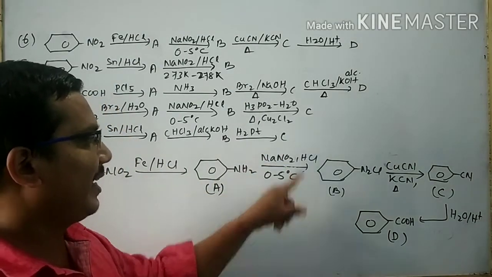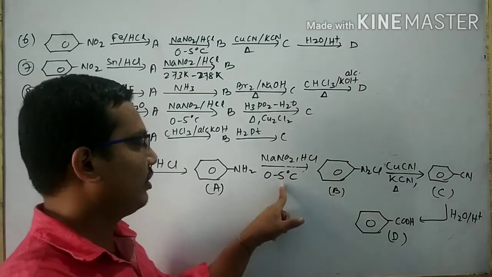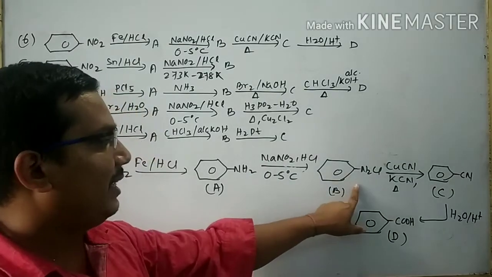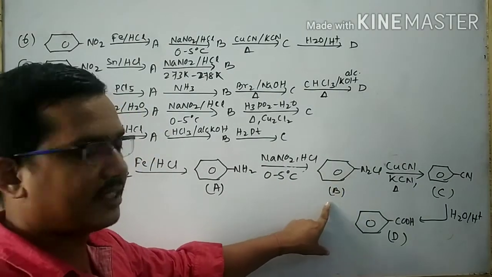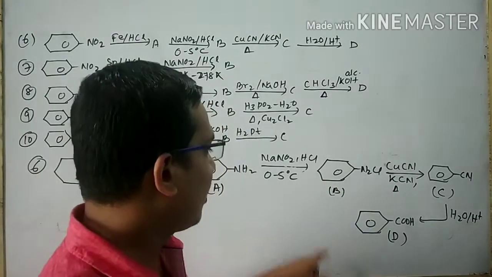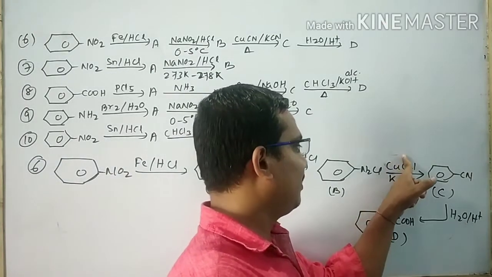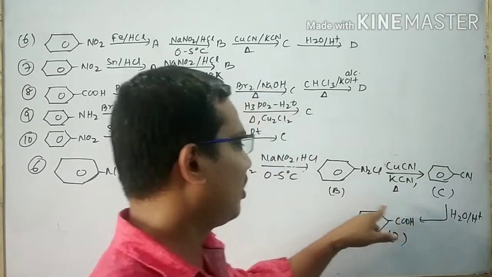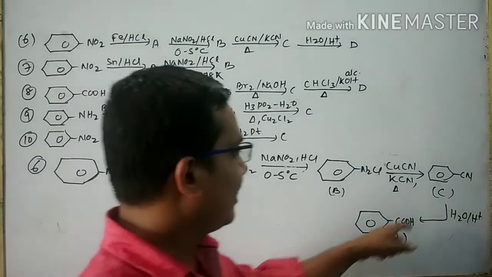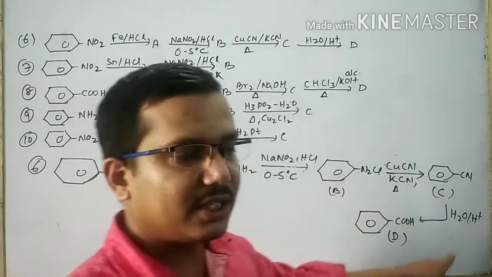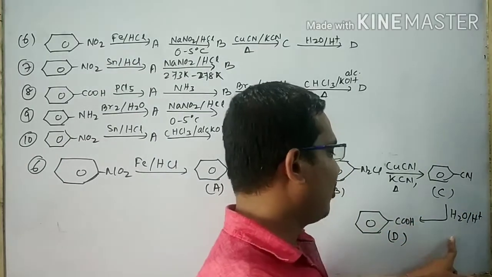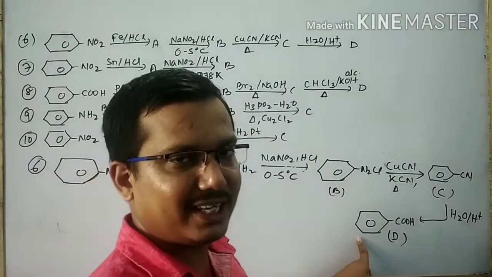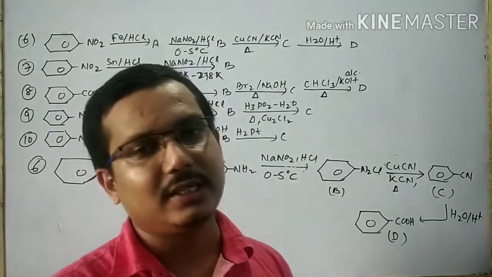Aniline is treated with NaNO2 in the presence of HCl at 0 to 5 degrees centigrade. BDC is formed, which is considered as the B. Now B is treated with CuCN, which is dissolved in KCN, and it is subjected to heating. Then cyanobenzene is formed. Now cyanobenzene is subjected to acid hydrolysis, gives the benzoic acid, which is considered as D.